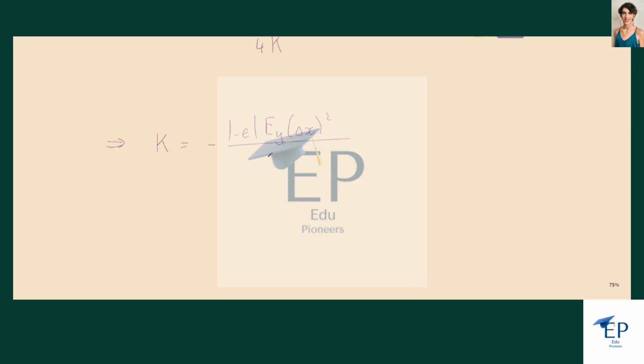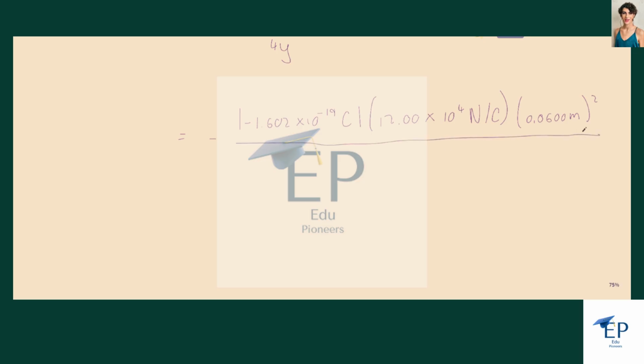And this kinetic energy K is minus the magnitude of e times the electric field E_y times delta x, all squared over 4y. Putting in our values, this is minus the magnitude of minus 1.602 times 10 to the minus 19 coulombs multiplied by the field strength, which is 12 times 10 to the power 4 newtons per coulomb, times the horizontal distance 0.06 meters squared, divided by 4 times the separation between the plates, minus 0.01 meters.